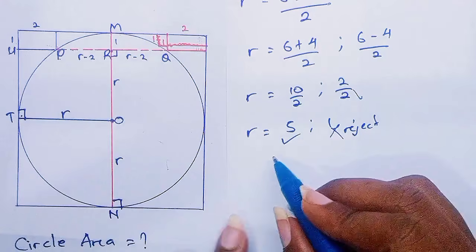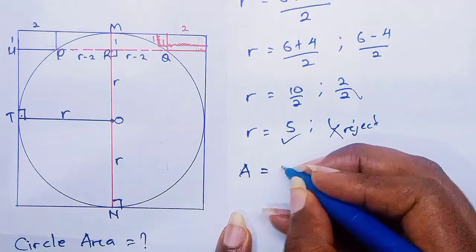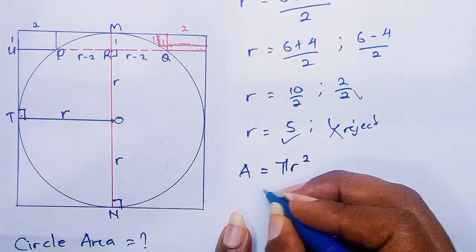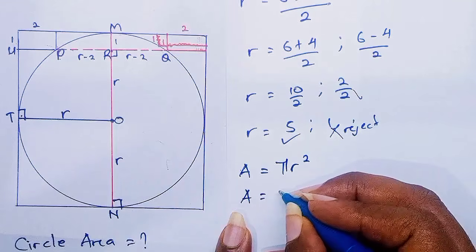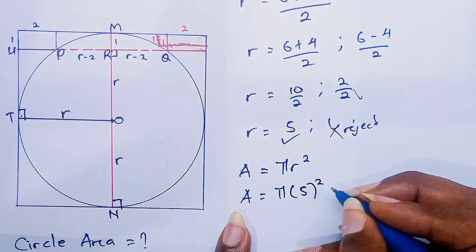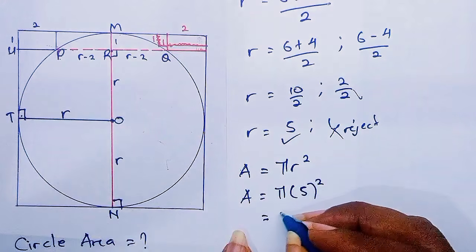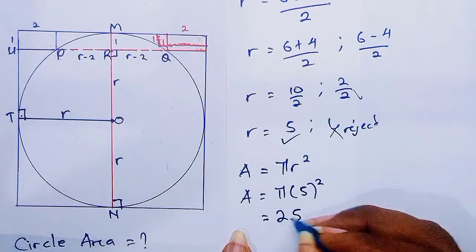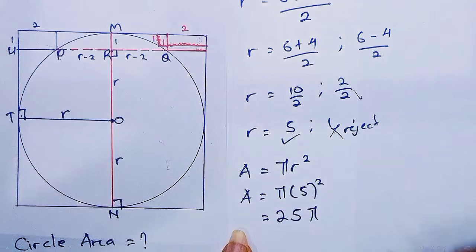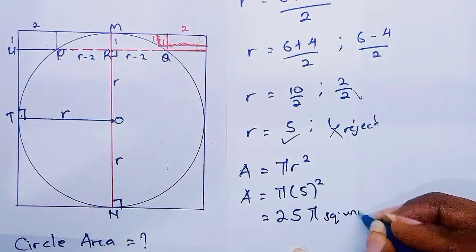So now that we know that the radius is 5, we can find the area of the circle, which is pi r squared. Therefore, the area is pi times 5 squared, which equals 25 pi. Okay, so this is the area of the circle in square units.